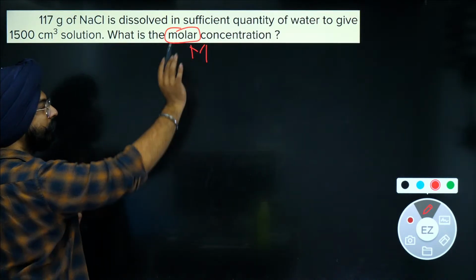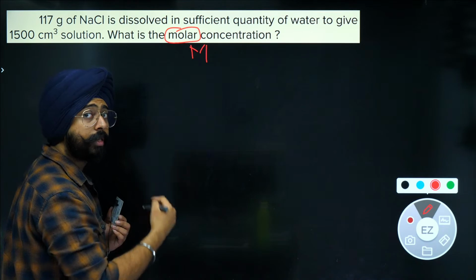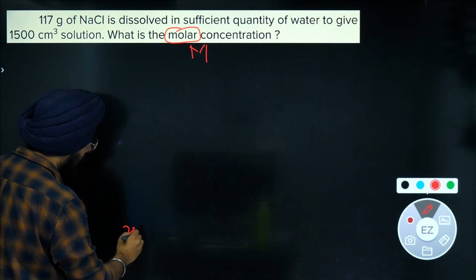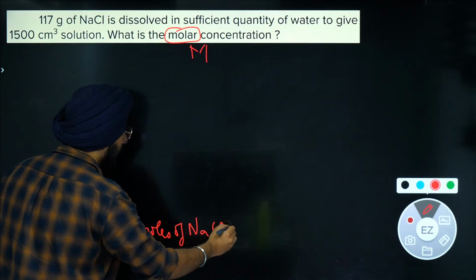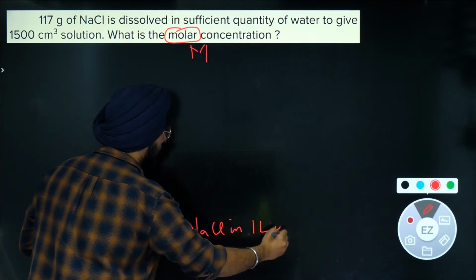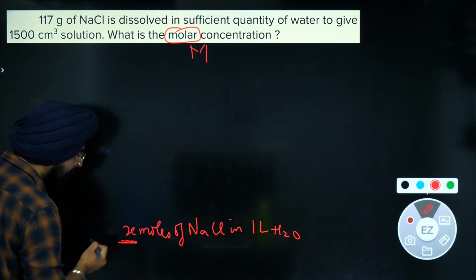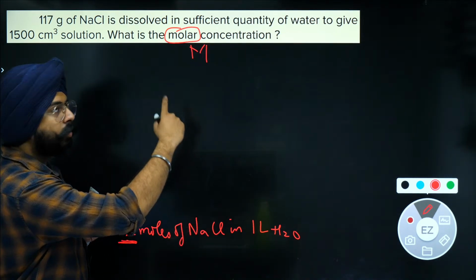Molar concentration, so you have to calculate the molarity. Basically, whatever is given over here, ultimately comes to a statement that X moles of NaCl are in 1 liter of solution. This X is your answer. Right now, what is the statement?